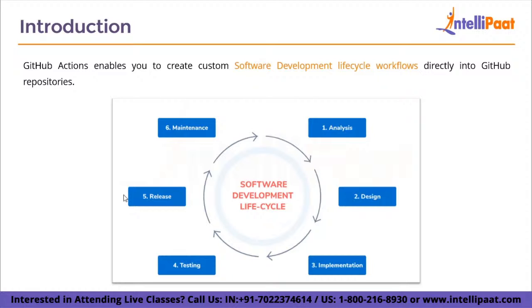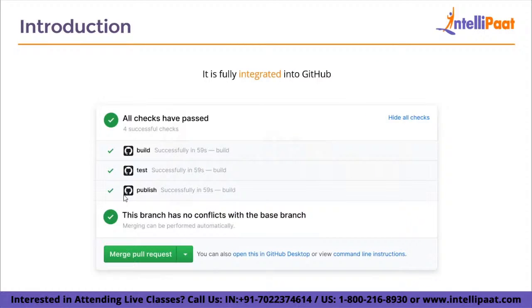It consists of 6 steps starting from the analysis stage to the maintenance stage, where you will have to design, implement, test, release, create an artifact and then release it, and finally maintain your software project by releasing updates regularly. All these things and the automations between these stages can be done through GitHub Actions. It is also fully integrated into the GitHub user interface.